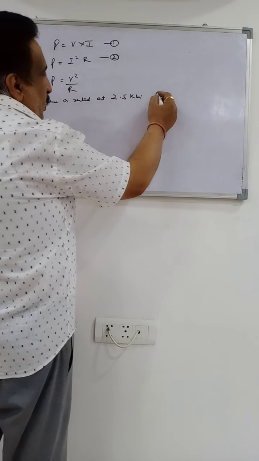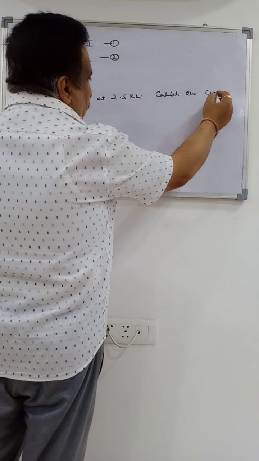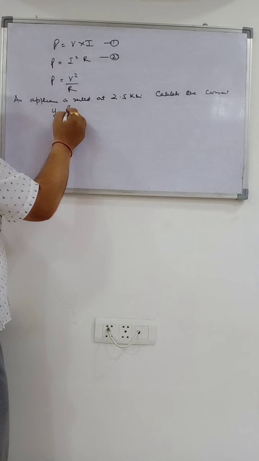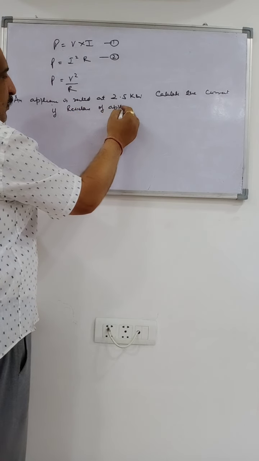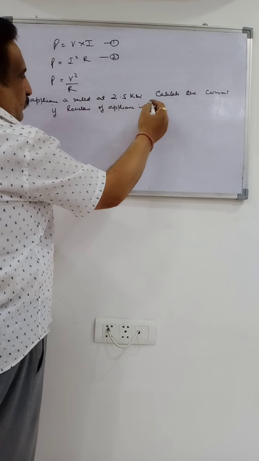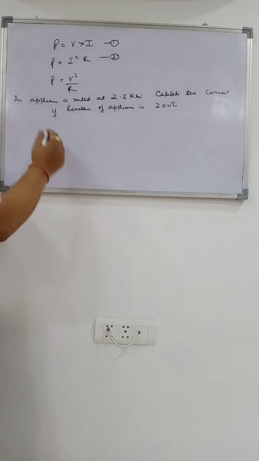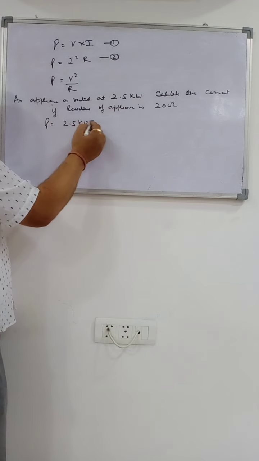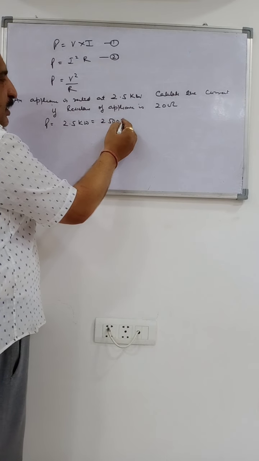Calculate the current if the resistance of the appliance is 20 ohms. Now what is given to you? Power is given to you, mind you, 2.5 kilowatt. To convert into SI unit, you will have to multiply by 1000 to get 2500 watts.